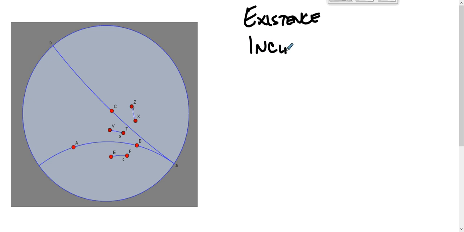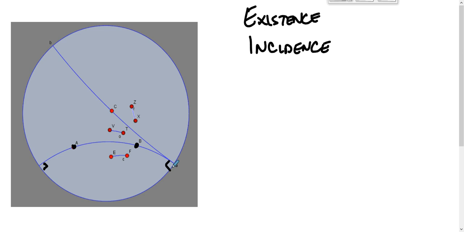Then we had to show that between any 2 points, there exists a unique line, that between points A and B, there exists a unique line. Well, guess what? This line right here is an arc of a circle that is orthogonal to the boundary circle at its 2 points of intersection.